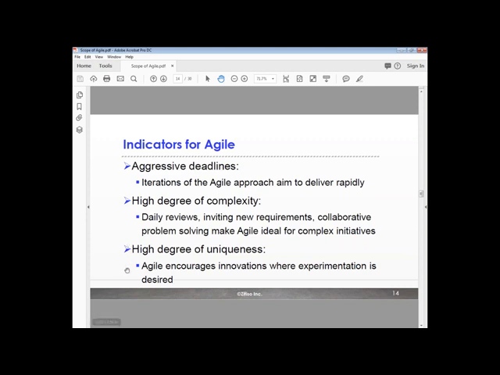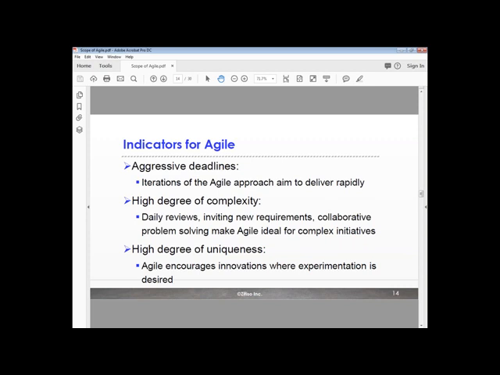The other thing that we look for in Agile is that there's a high degree of uniqueness. A big part of Agile is that it encourages innovation. So when I look at this list and I see some of the products that come down, I look at the product and ask: do we already know how to build this? Do we really need to treat it in an iterative way?